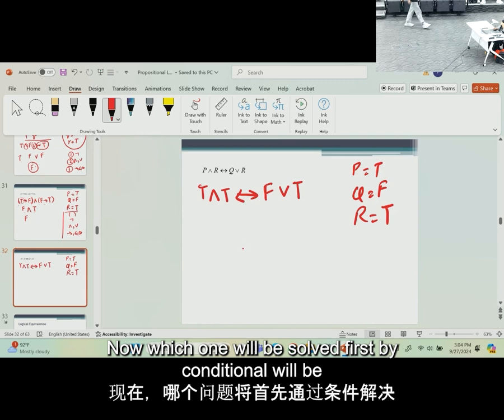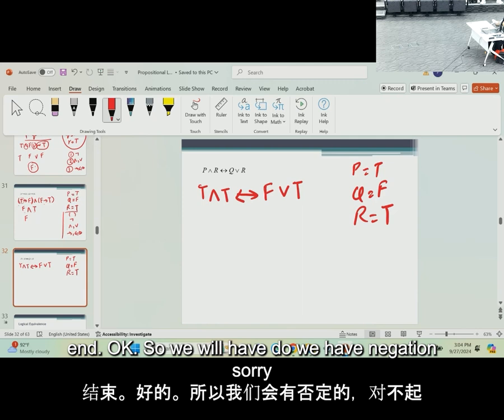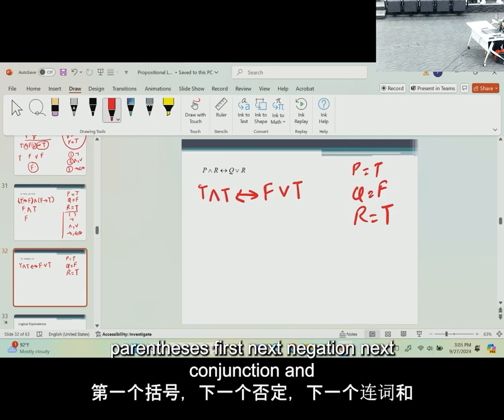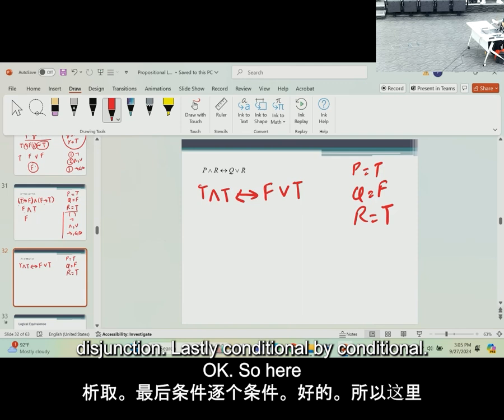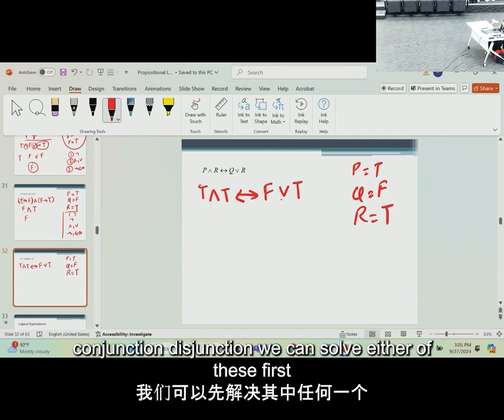Now which one will we solve first? Biconditional will be at the end. Conditional and biconditional will be at the end. We have parentheses first, next negation, next conjunction and disjunction, lastly conditional and biconditional. Here we don't have any negation, so we have conjunction and disjunction.